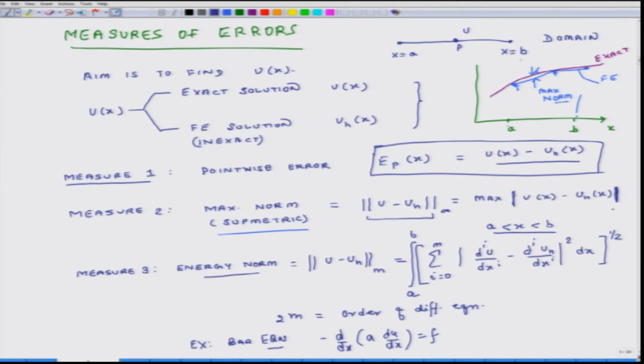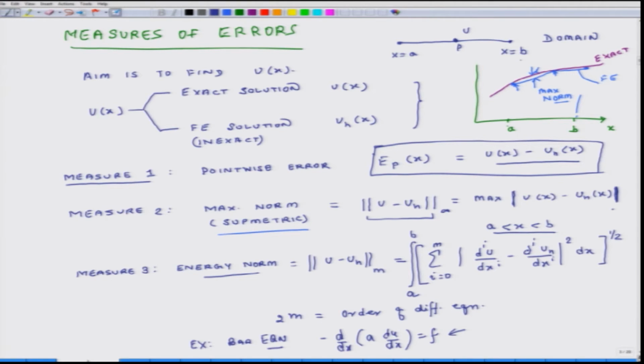In beams, especially Euler-Bernoulli beam, it is a fourth order differential equation. So, in that case m will be 2. So, if I have to find an energy norm for this second order differential equation, m will be 1. So, i will range from 0 to 1. So, first we will have d0 u over dx 0, which means u itself, right.